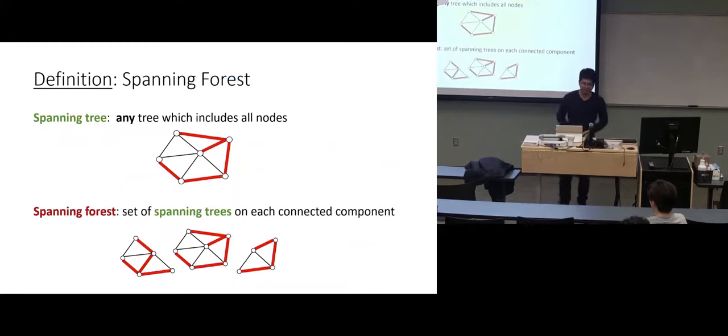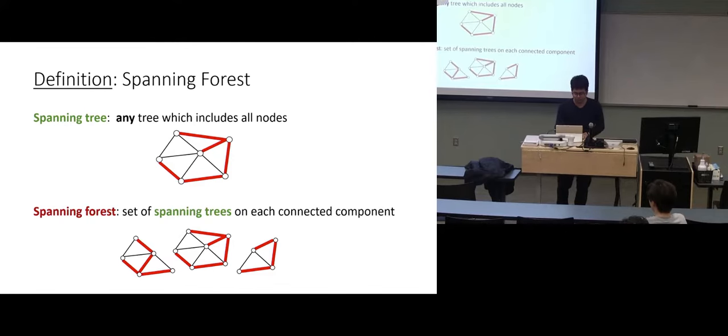So now I can define things a bit. What is a spanning forest? Let me first tell you what a spanning tree is. When you have a graph, a spanning tree is a tree which is a subgraph of that graph, such that it includes all nodes.